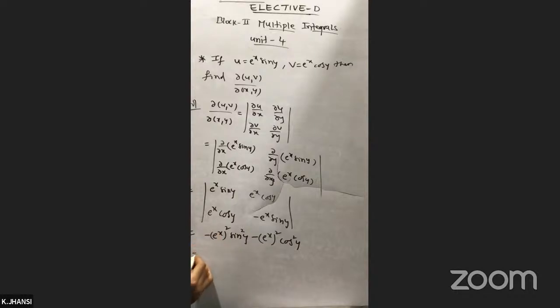Okay. So here if we take out minus and e to the power of x whole square common, it is sin square y plus cos square y. So it is minus e to the power of x whole square times this value, and we know it is 1. So it is equal to minus e to the power of x whole square.